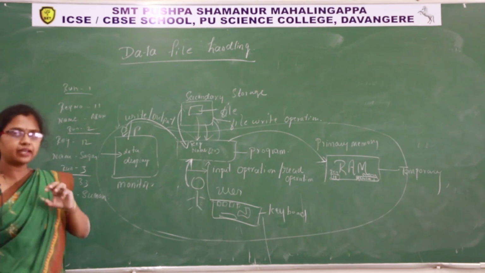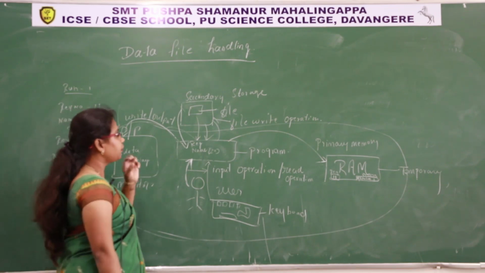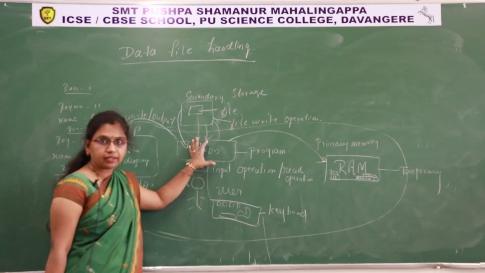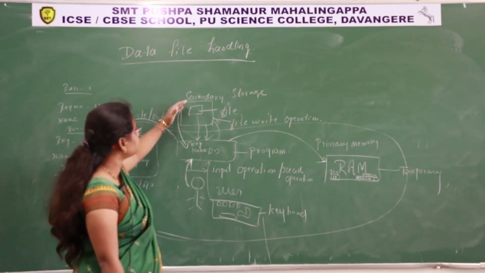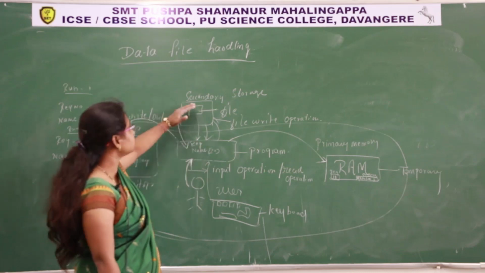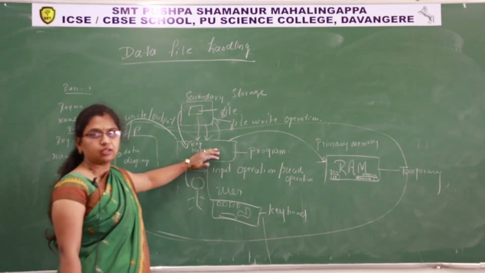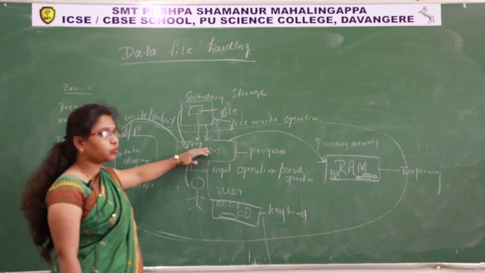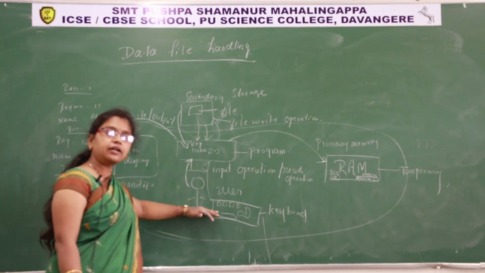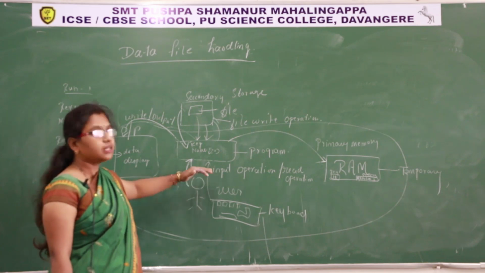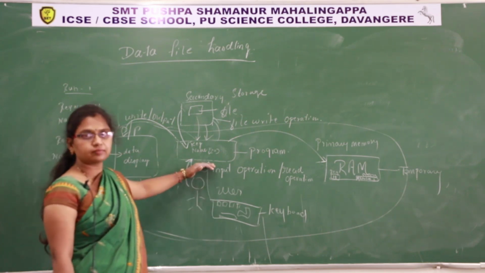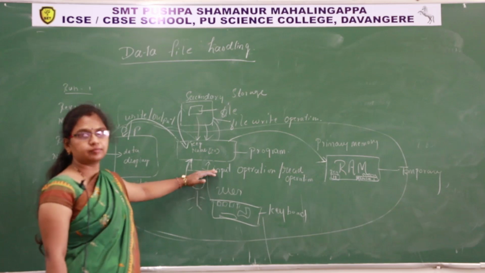To understand simply, if data is coming to the program, we call it a read operation. If data is coming from file to program, then we call it file read operation. If data is coming to the program from the standard input device, then it is called standard input operation or read operation. We are reading from the console.